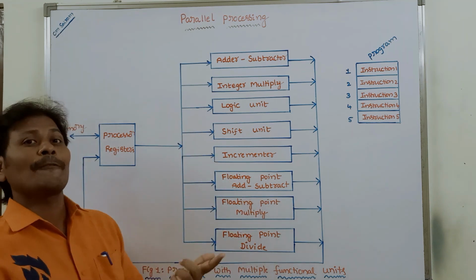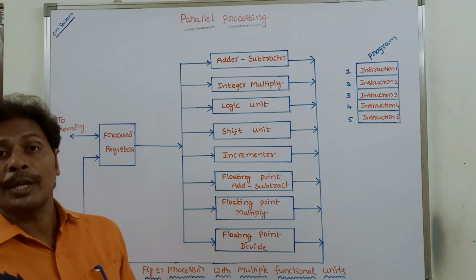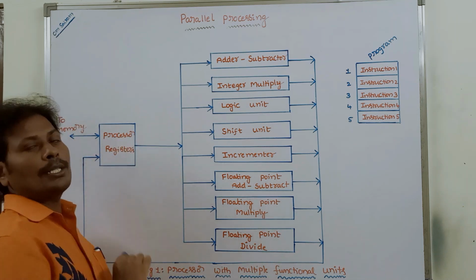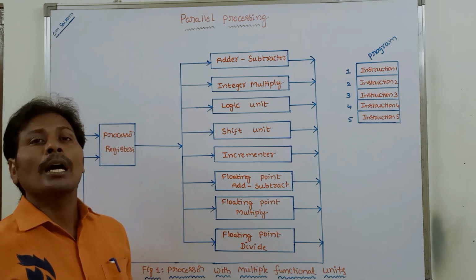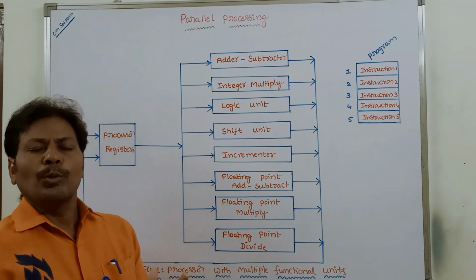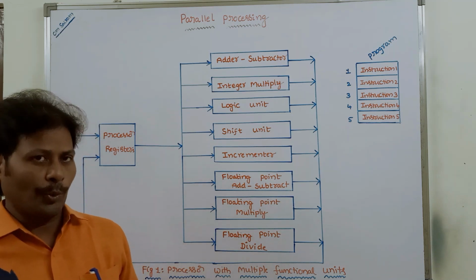Whereas in the case of CPU, what are the main three components of the CPU? First one is ALU, second one is processor registers, and third one is control unit. The ALU can also be called the execution unit.